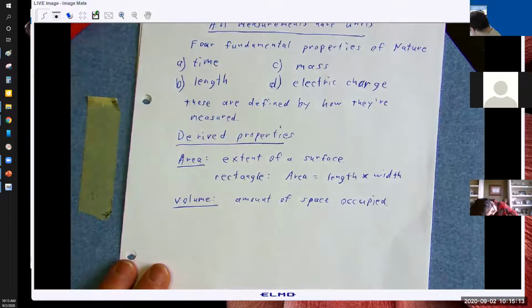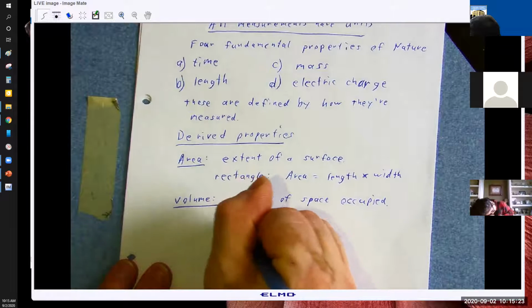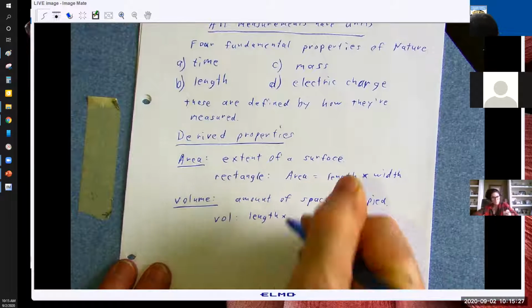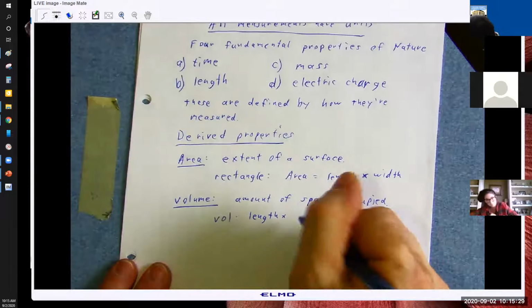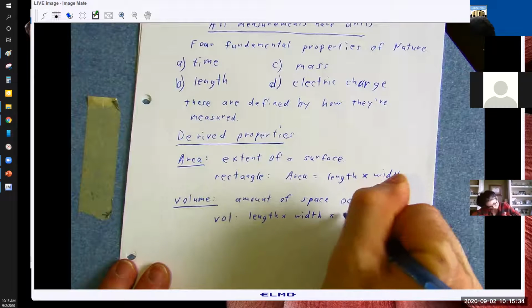Did I spell occupied wrong? So something occupies a certain amount of space, right? And that's a volume. So volume is typically a length times a width times a height.